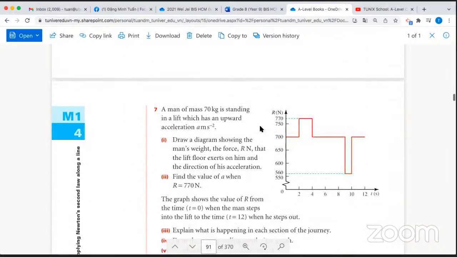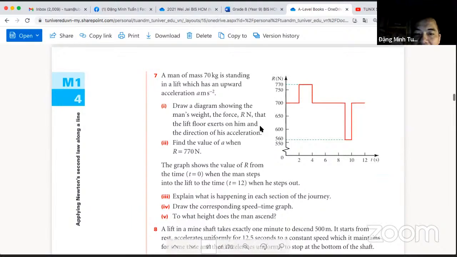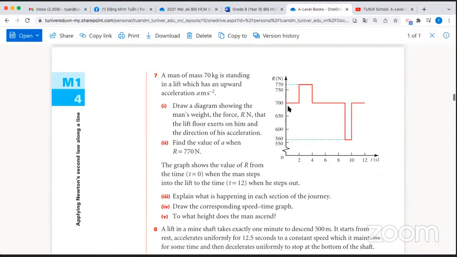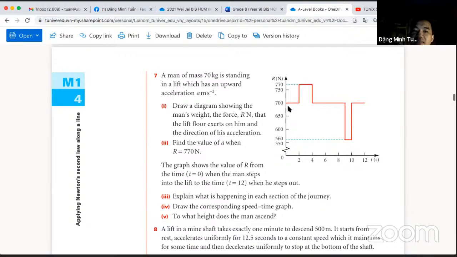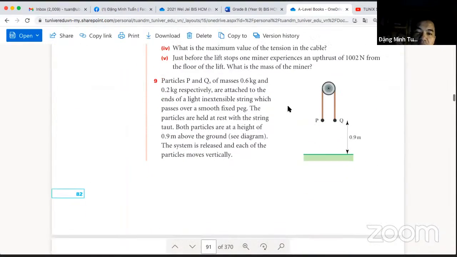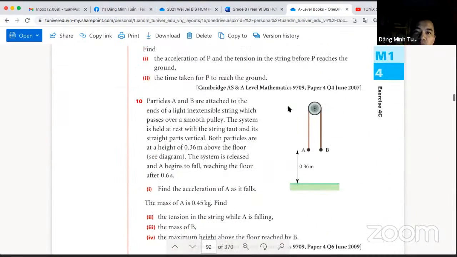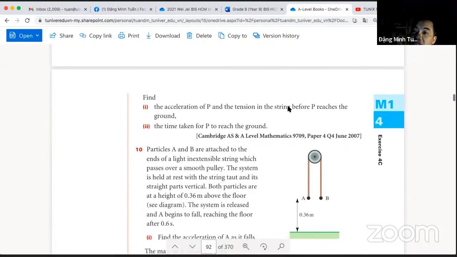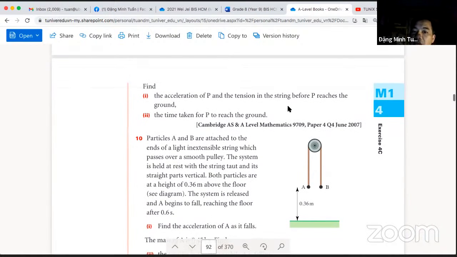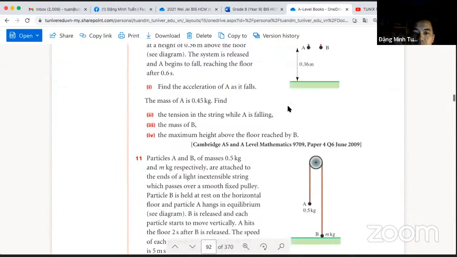And then here, in the 7, you can analyze the graph, understanding well each part, each line corresponding to a motion. And because this is the last part of this chapter, you will do some exercises taken from the Cambridge A level past paper. You see that?